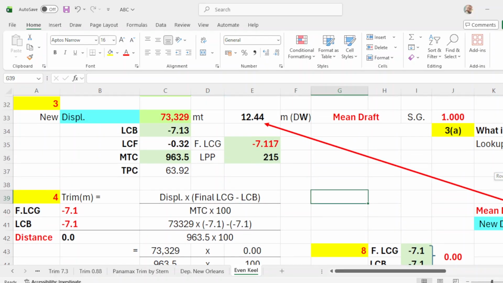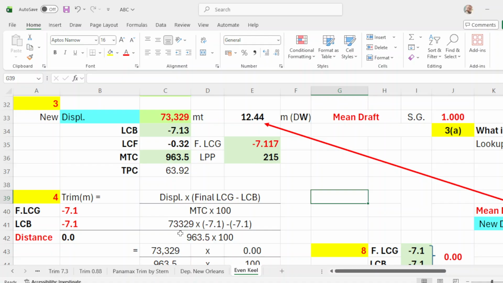We will now compute for the trim of the vessel. The formula for change of trim is displacement times final LCG minus LCB over MTC times 100. So I put here, so it's easy to compute. Final LCG is negative 7.117, and your LCB is negative 7.13. So 0 is the distance.